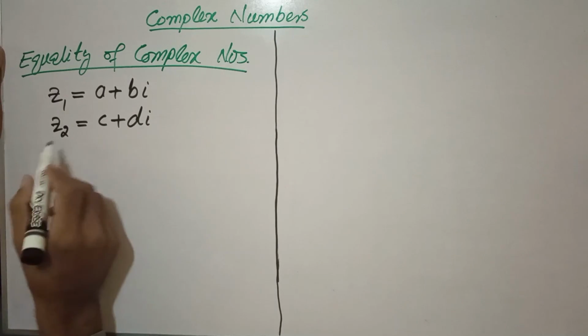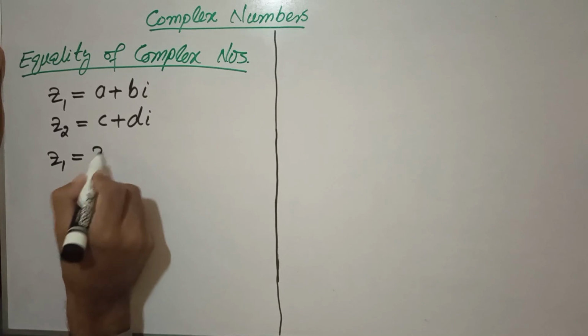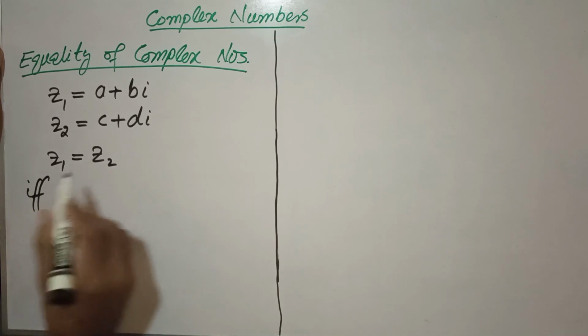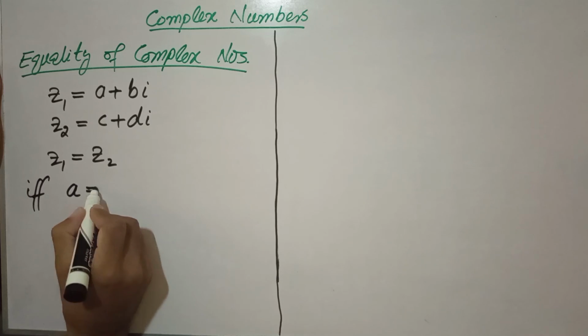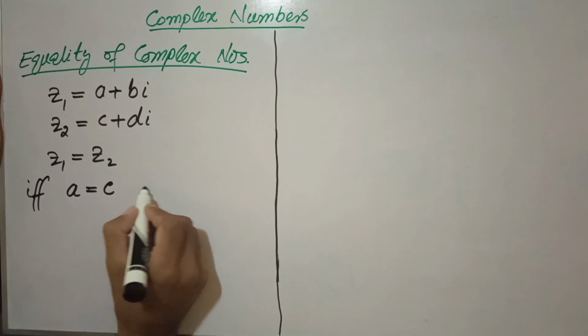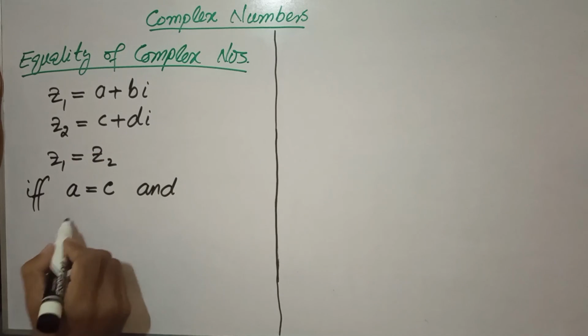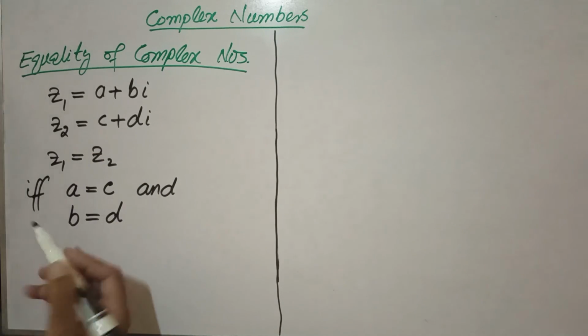Then we say that the two complex numbers are equal, that is, z1 is equal to z2, if and only if the real part is equal to the real part, a is equal to c, and the imaginary part is equal to the imaginary part, that is, b is equal to d.